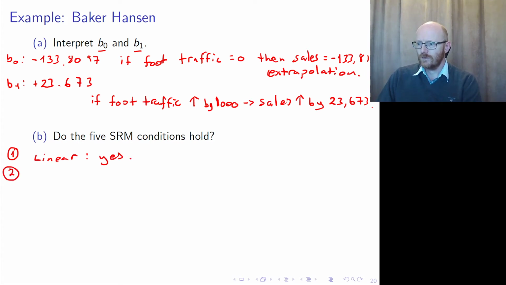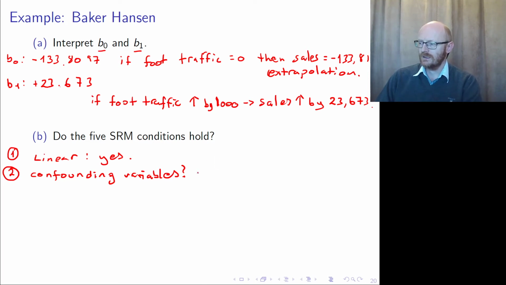And the second one is confounding variable. So do we have confounding variables?